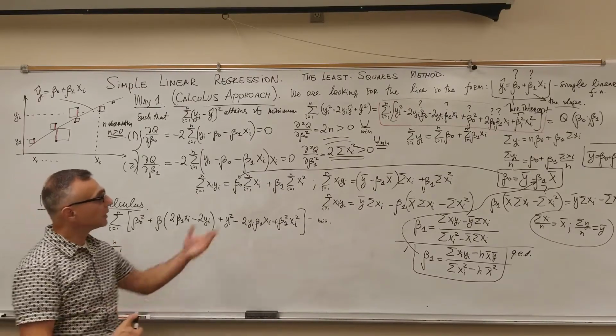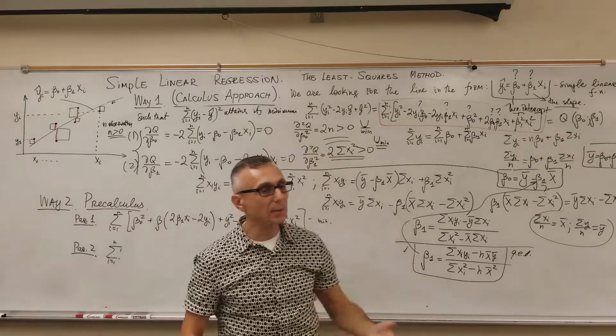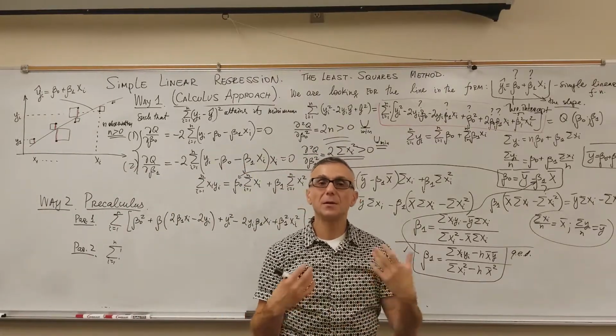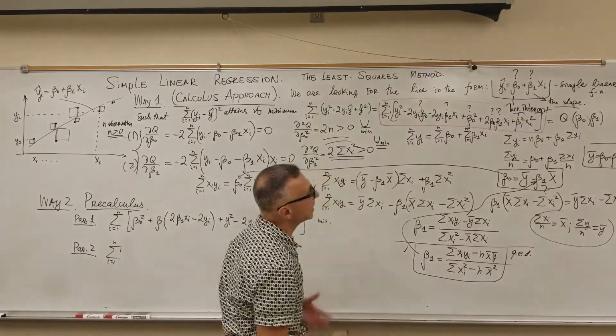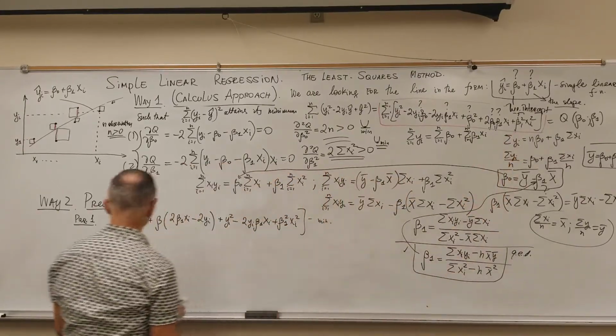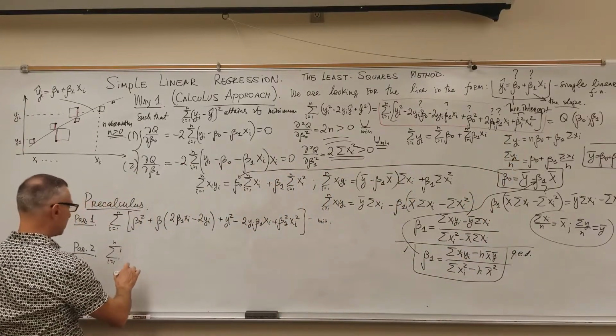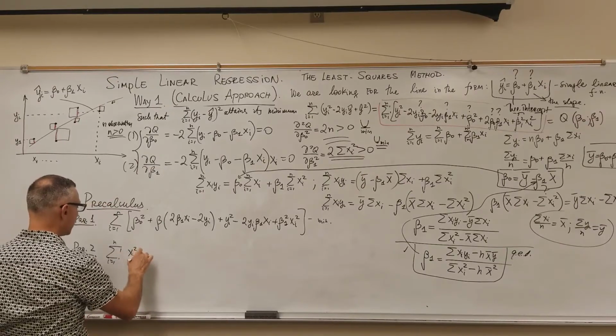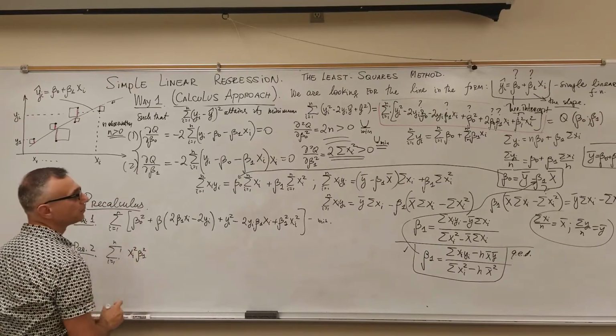Now I will look at the same expression as a parabola with respect to the beta 1 variable. I will collect the powers of beta 1. The highest power is xi squared beta 1 squared.